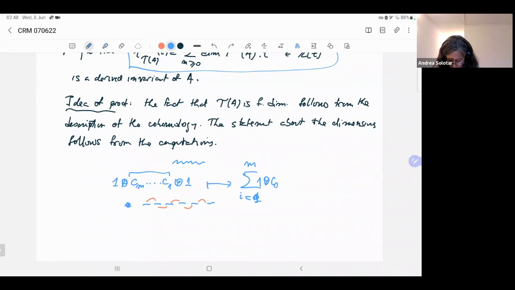Tensors, Cm to Ci, tensor 1, and then tensor over A, this is plus 1, tensor Ci down to C1. And you are sure that the elements here and here will appear in the resolution because they all have overlaps.